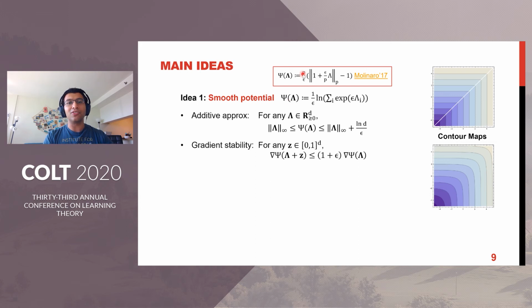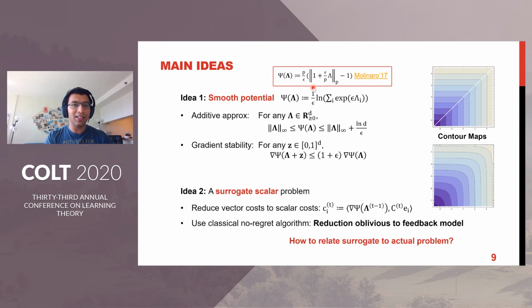And in case you're wondering, for LP norms also we have to do some smoothing, but the smoothing function that we use, we take it from Molinaro's paper from SODA 2017. So we use his smoothing. Our second main idea, which is in some sense a new idea, is to somehow convert this vector problem into a scalar problem.